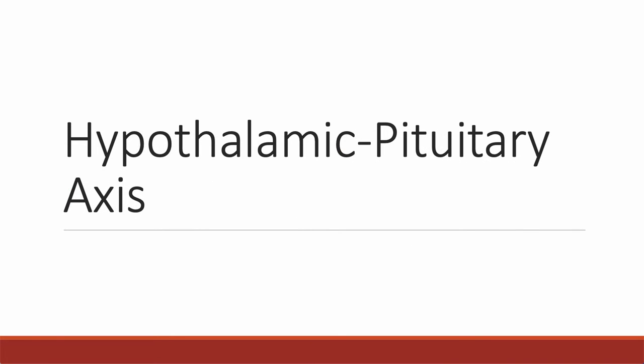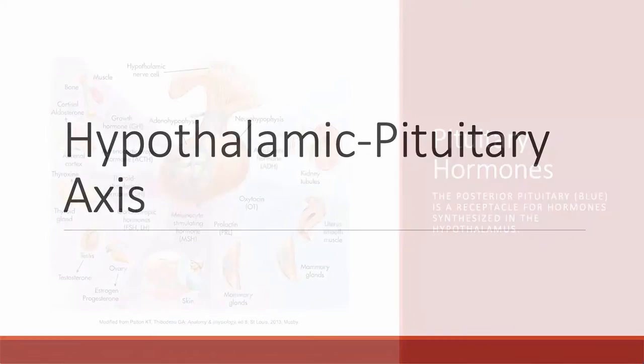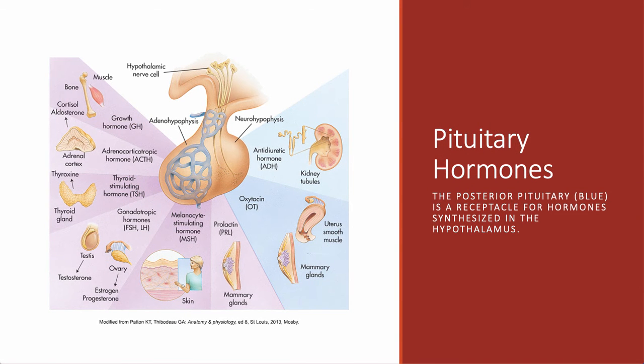So let's get into it and talk about some of the actual problems that we see occur in the endocrine system. And we'll start with understanding how this hypothalamic pituitary axis works. Remember that the hypothalamus produces or contains these nerve cells that go down into the posterior pituitary gland.